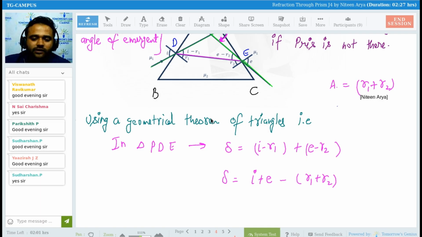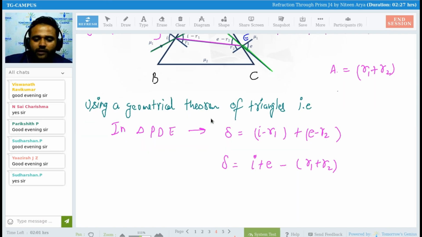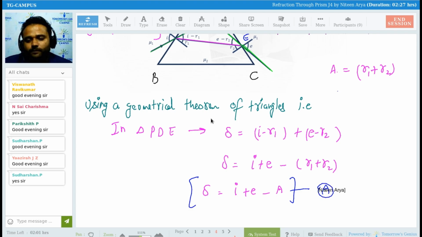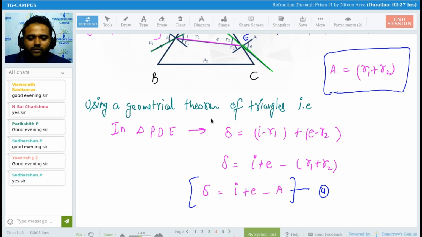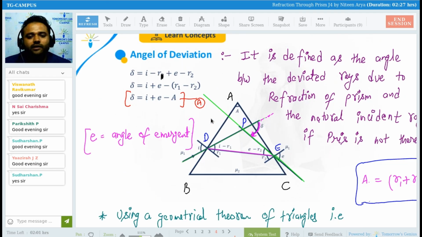So I can note it down in this way also: the angle of deviation is I plus E minus A. This is the proof of equation A, small a, because capital A is the angle of prism. Is this clear, everyone? Clear? So this we already proved.